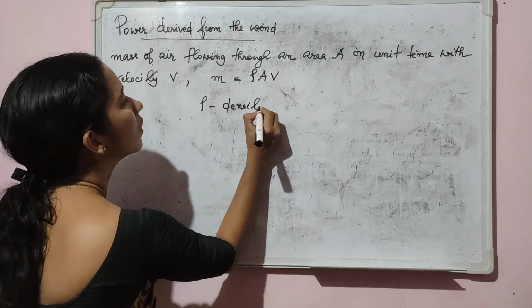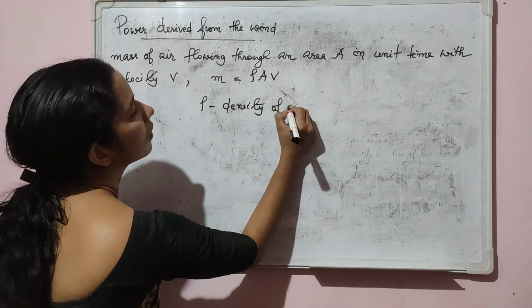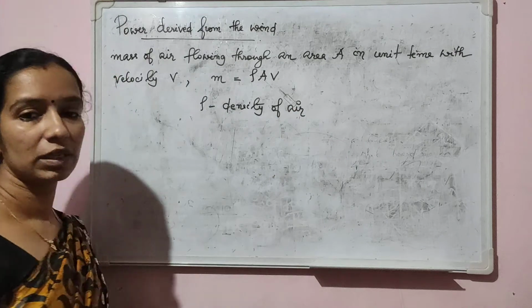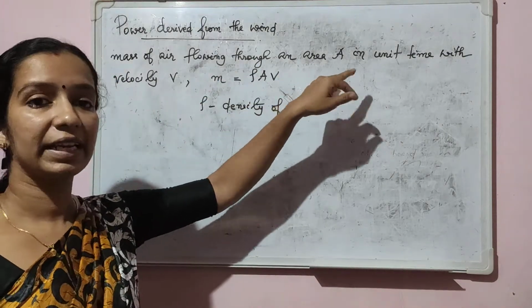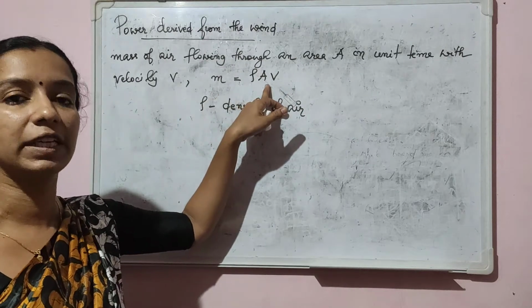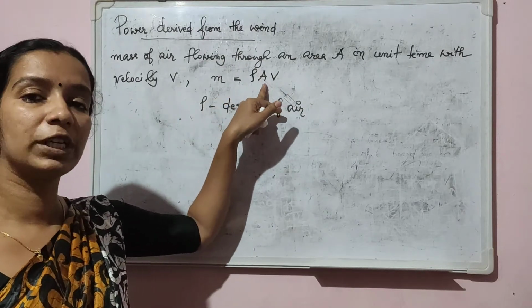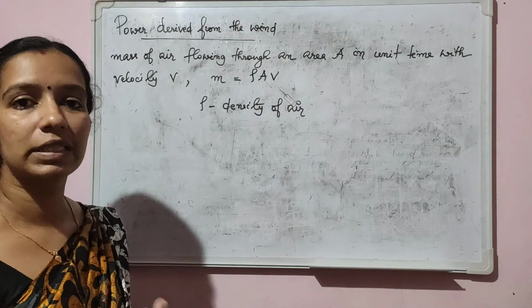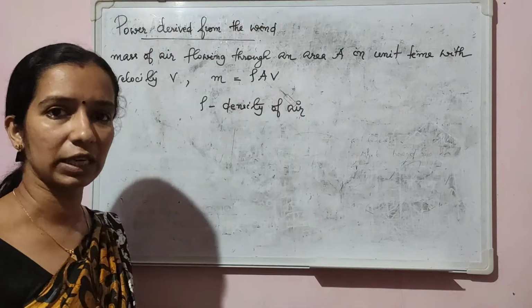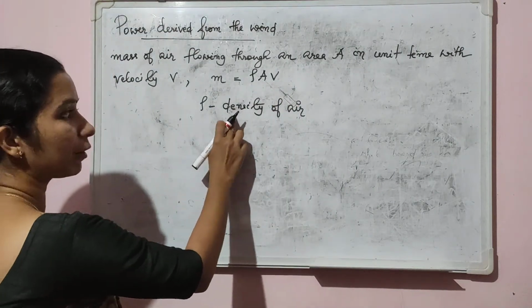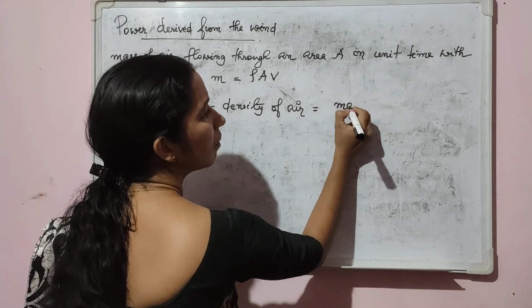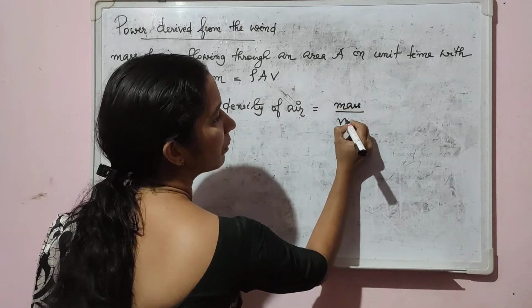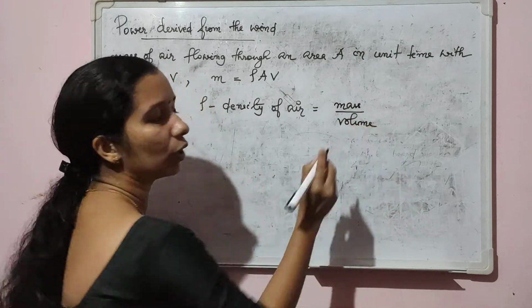So the mass of air flowing through an area A in unit time with velocity v is m equal to rho into A into v. Let us see how this equation comes. We have rho as the density of air. Density means mass per unit volume, so mass divided by volume.